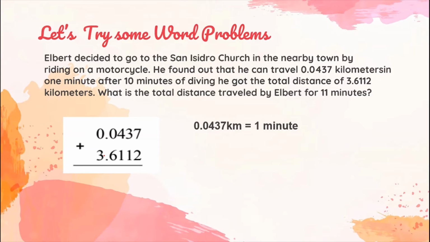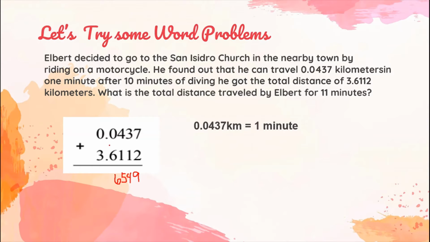After we align our decimal points, that's the time that we add our numbers, just like adding whole numbers. So let's start with 7 plus 2, that is 9. 1 plus 3, of course, that is 4. 4 plus 1, that is 5. And 0 plus 6, that is 6.